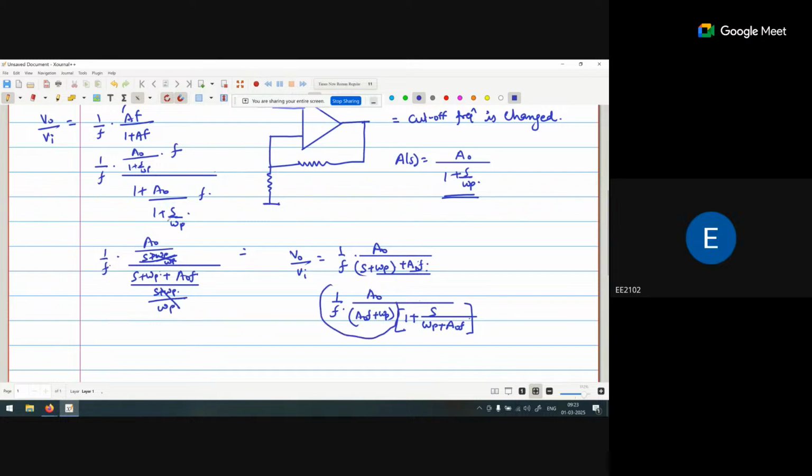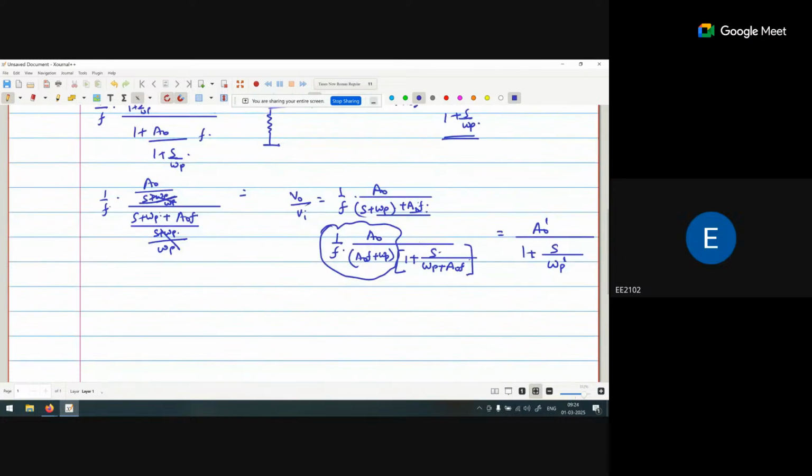Now if I compare this term, this is the A naught dash upon 1 plus s upon, if I mention this, the omega p dash. Okay, so what is the value of gain A naught dash?